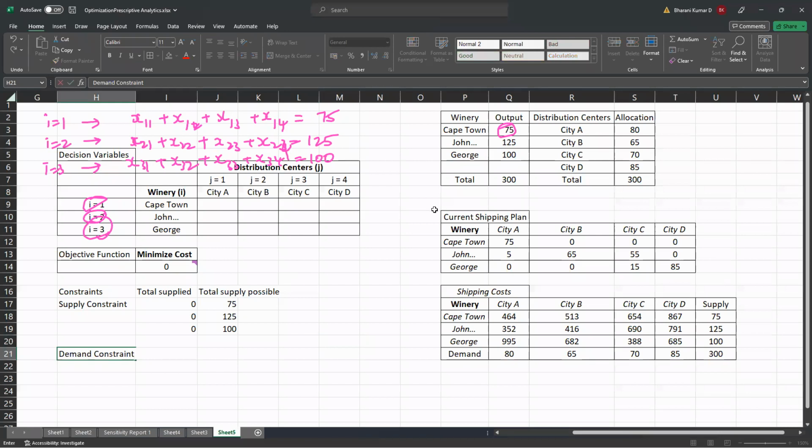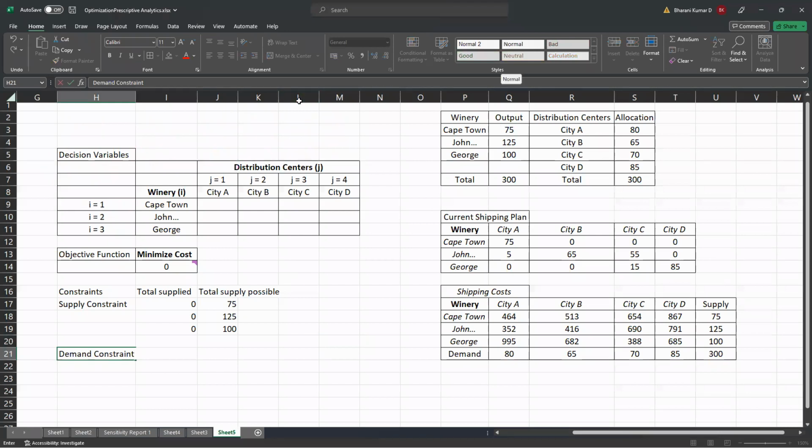What are demand related constraints? Let me write it down. For every distribution center, let's say j equal to 1.